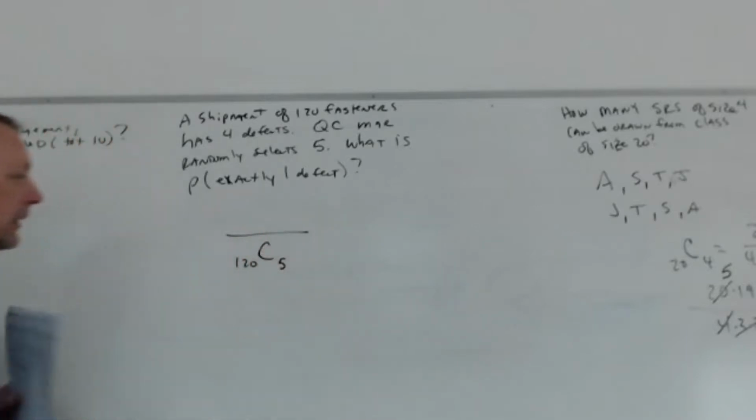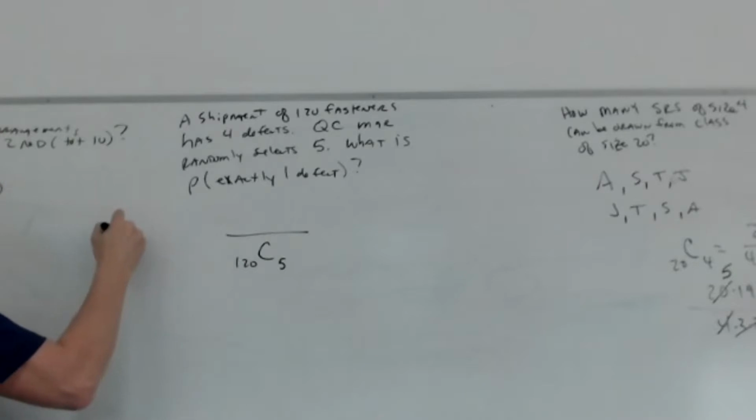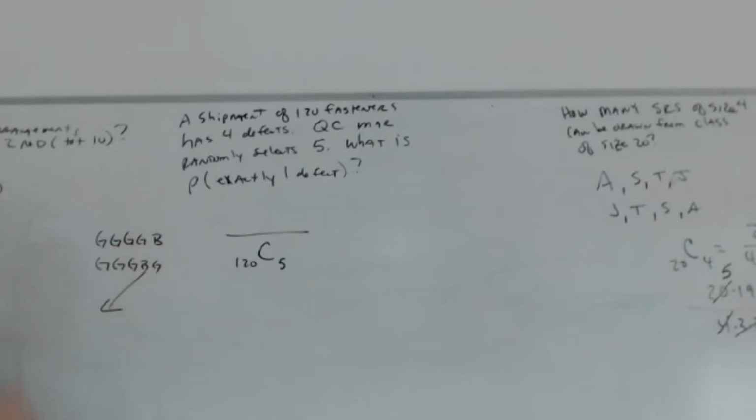Now, let's think about this for a minute. Your sample space may be helpful. So you might go good, good, good, good, bad, right? Or good, good, good, bad, good, etc. The bad can move around, right? Order doesn't really matter in this case, but I am listing this because we need to kind of account for it, right?